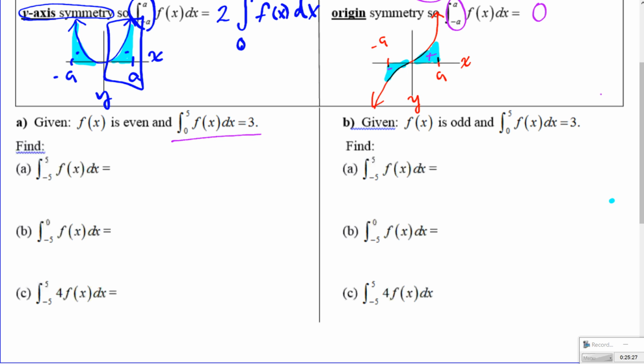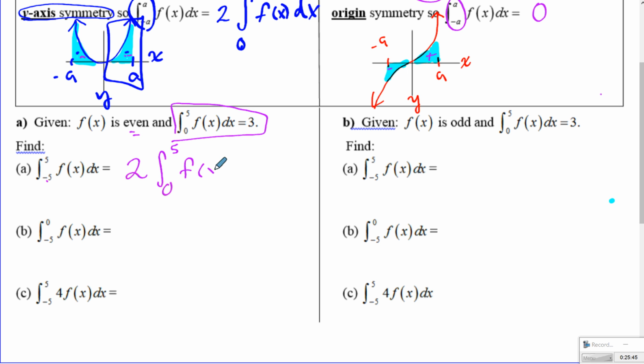So we are given a starter. They tell us that, okay, f is even and the integral from 0 to 5 is equal to 3. So negative 5 to 5 of an even function would tell me, okay, I can just double the sides and integrate from 0 to 5.